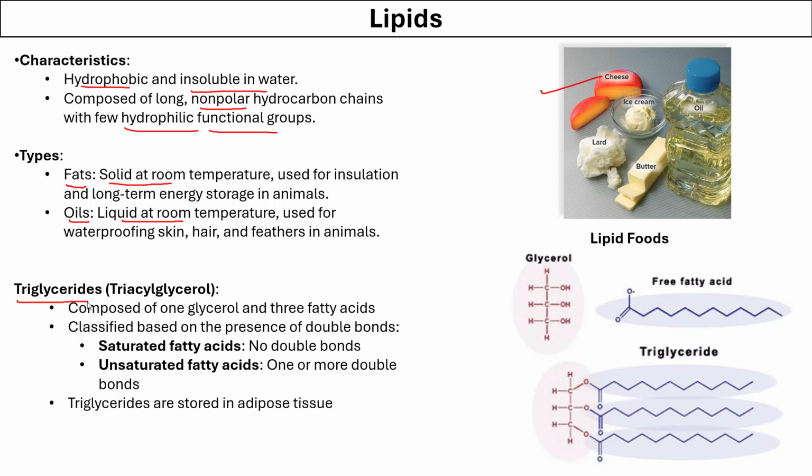The monomeric subunit of lipids is called triglyceride. Triglyceride is one molecule of lipid. The triglycerides are made from one molecule of glycerol and three molecules of fatty acids.